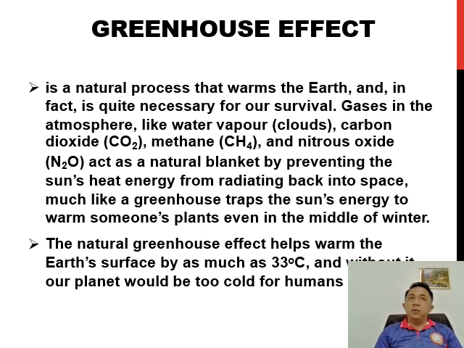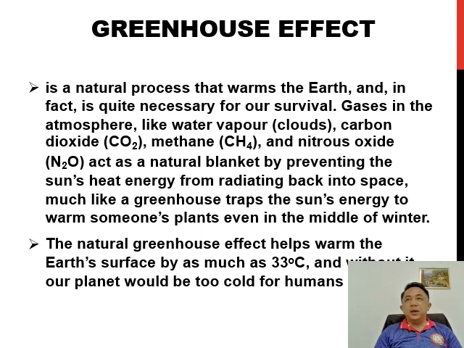Okay, so although we need these greenhouse gases to keep us warm, the problem is there is already too much of these greenhouse gases, so that they totally trap the heat energy that we receive from the sun.